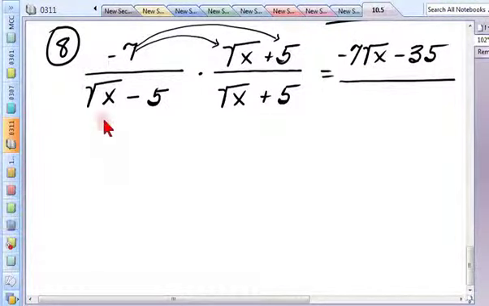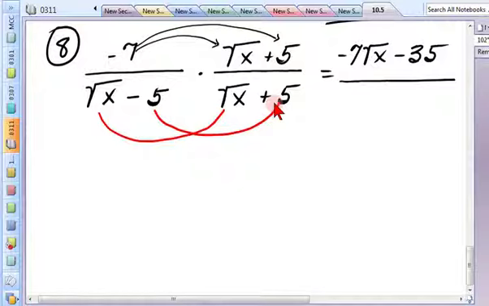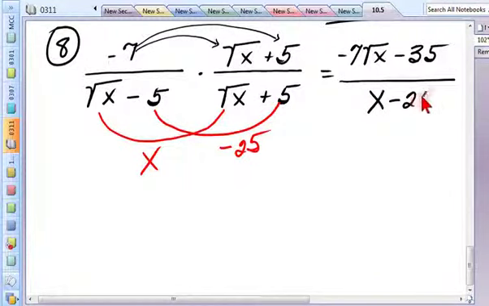Because they're conjugates, all I care about is product of the first and product of the last. What will be the product of the first? Square root of x times square root of x. I know x. What is negative 5 times positive 5? Negative 25. And that's what I've got for the denominator, x minus 25.